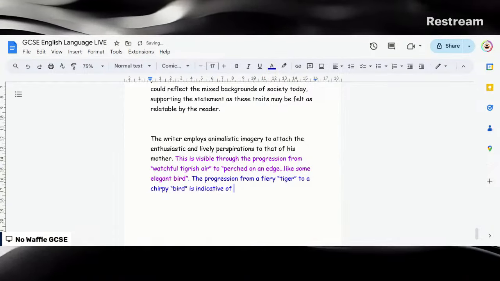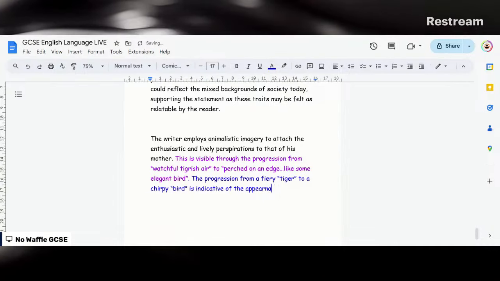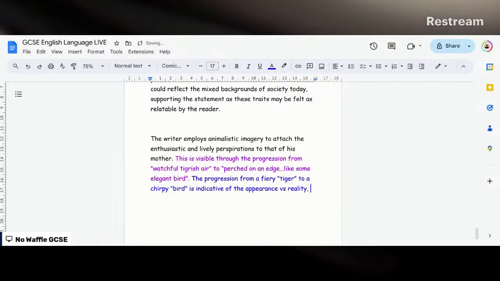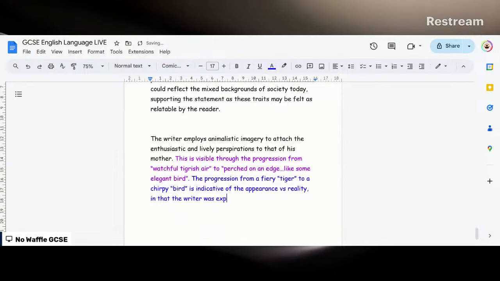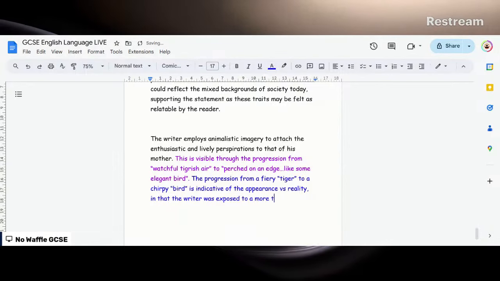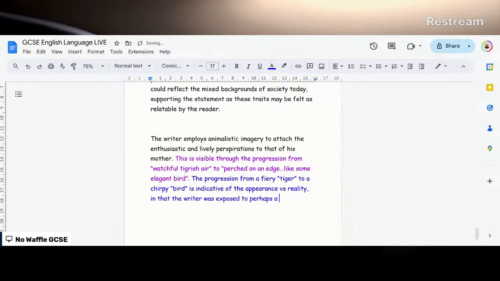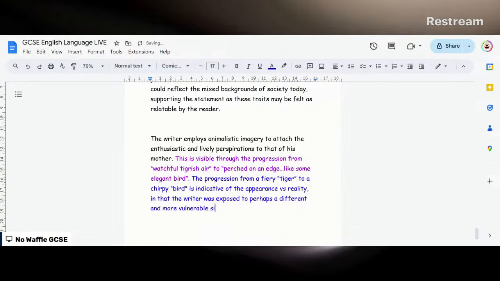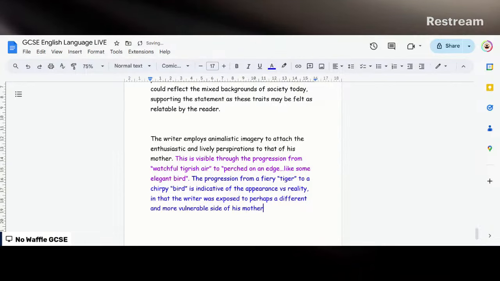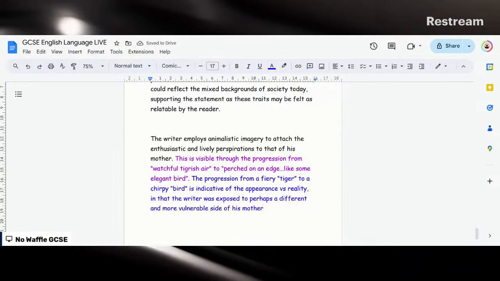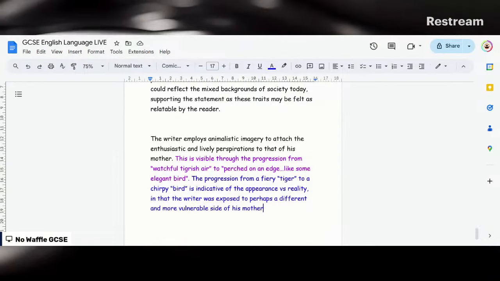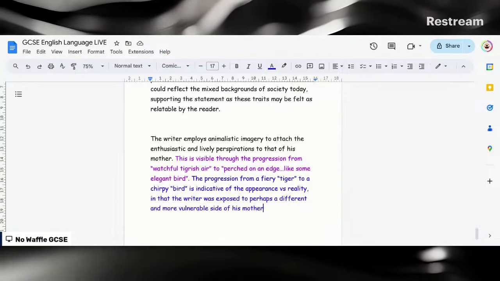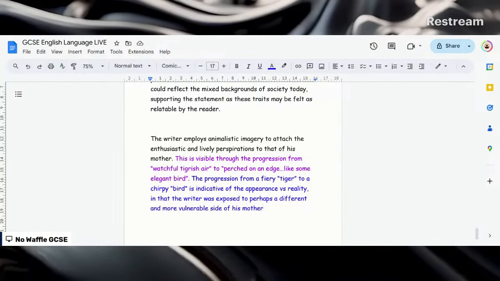It's indicative of the appearance versus reality in that the writer was exposed to perhaps a different and more vulnerable side of his mother. Remember, you need to also keep in mind the idea that the writer is the mother's son, obviously, so he's going to have a closer look and relationship with her.